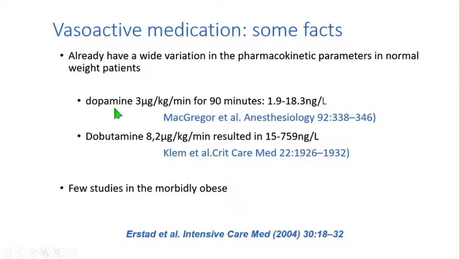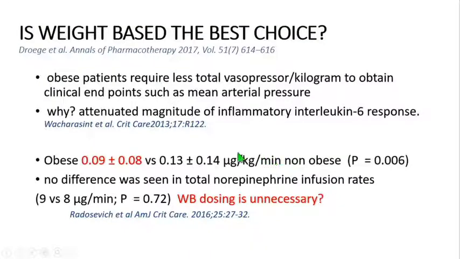To illustrate, these are some publications in non-obese patients, and you will notice the amount of dopamine or dobutamine that we are giving results in huge differences in plasma concentrations. Now, weight-based dose, is it advisable to use weight-based dose in the obese? Amazingly, obese patients do require less vasopressor.